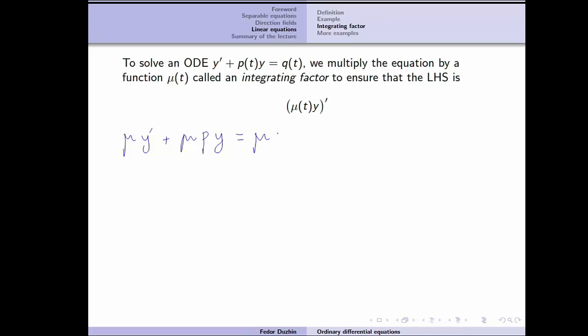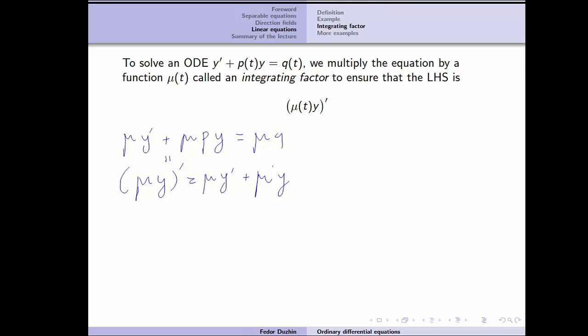So mu q. Okay. Now at the same time we want the left-hand side to be the derivative of mu times y. But if we write it down, applying the chain rule, then we would get mu y prime plus mu prime y, right?